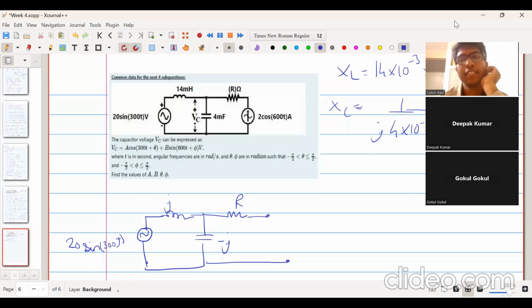So Gokul, did you find the answer? The impedance of the inductor. No, sir. Please give some time, sir. You should keep a calculator with you.